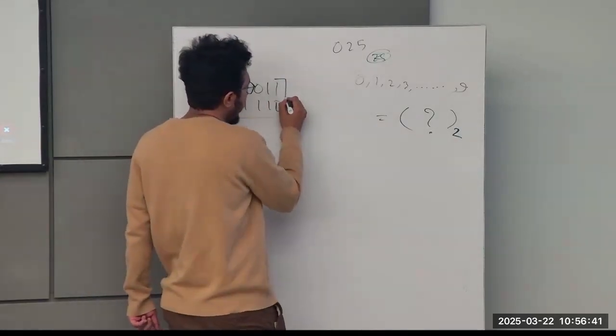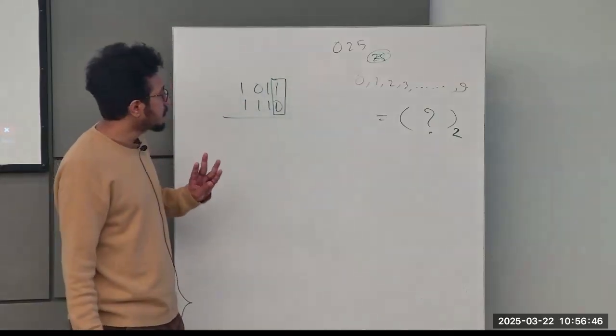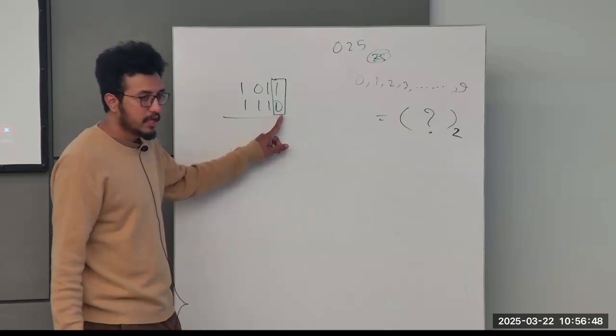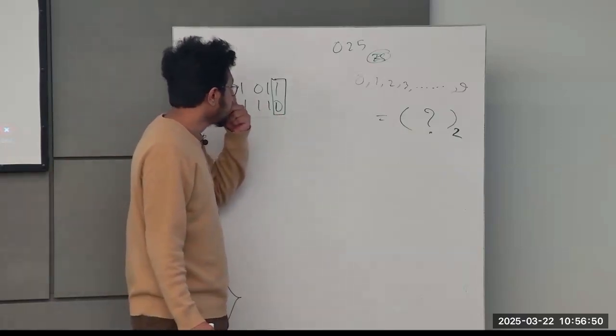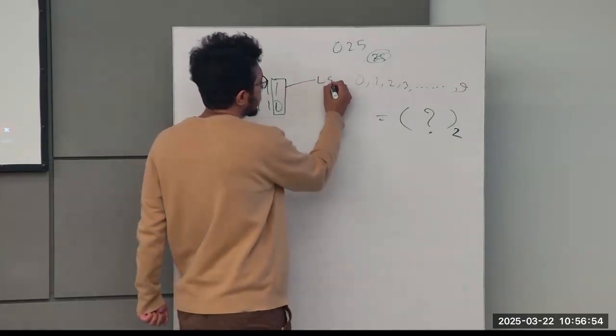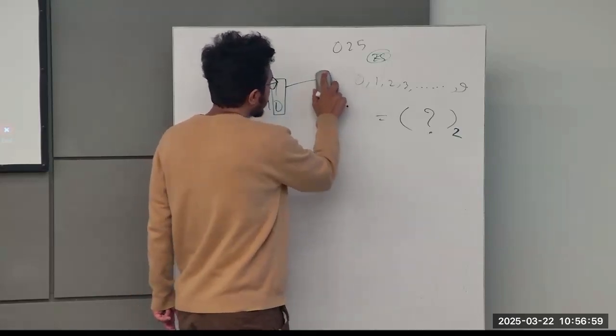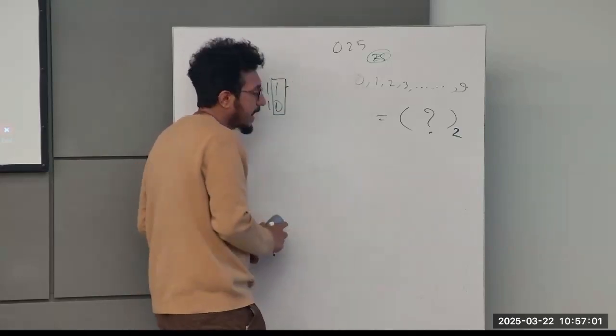If I want to add these two numbers, just the first bit, we are calling it LSB, least significant bit. So let's forget about it. Let's think about how we can add two numbers.